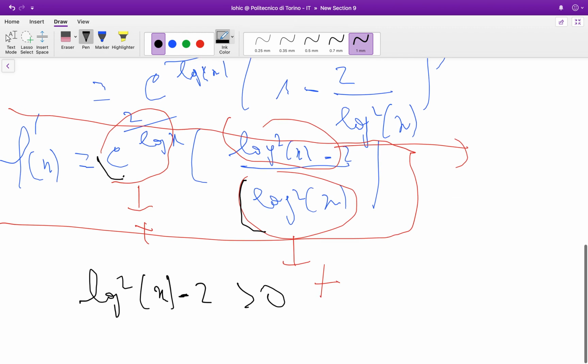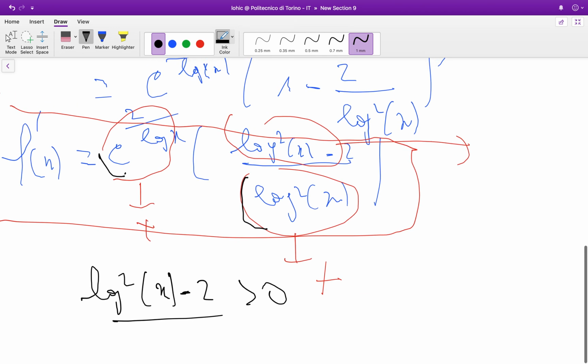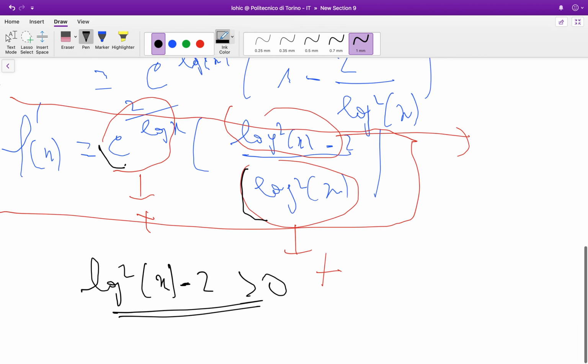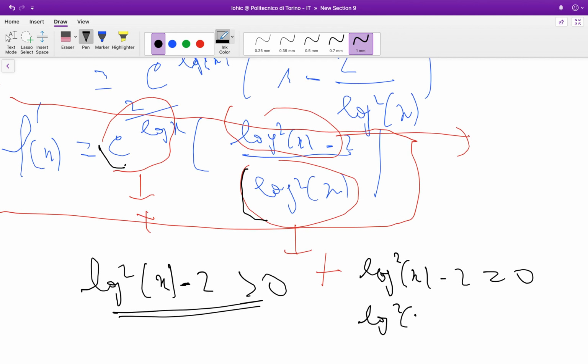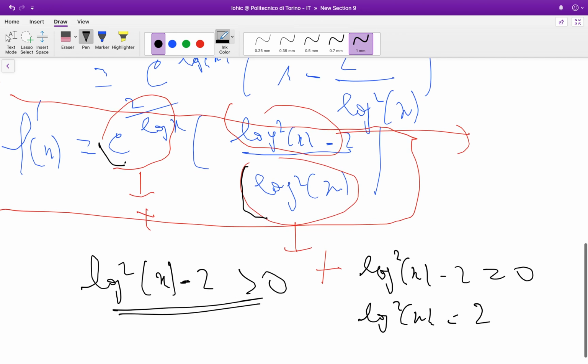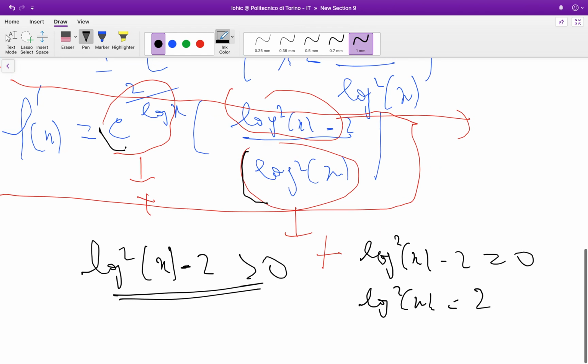Okay, so let's first solve this equal to 0. So we want to study this, but let's first solve log square of x minus 2 equal to 0. It will give you log square of x equal to 2, right? So log of x equal to plus or minus root 2, yes or not?